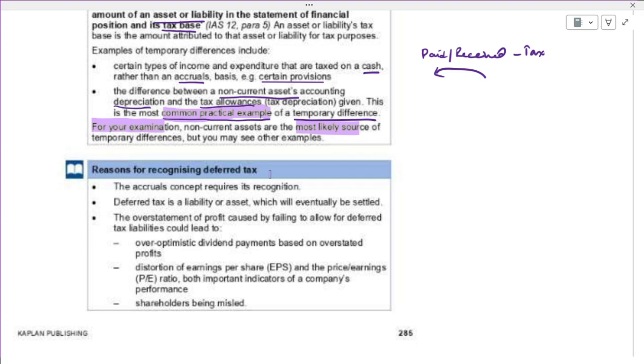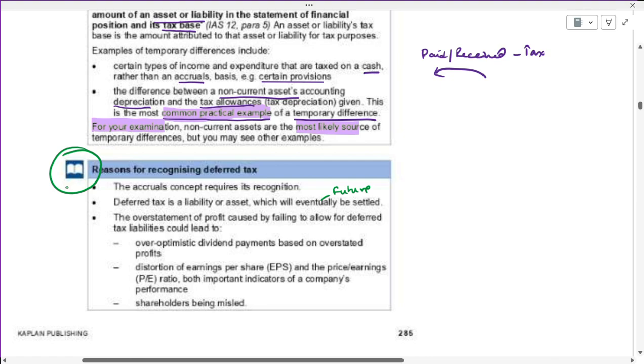Reasons for recognizing: the accrual concept requires its recognition. They are giving different points. Deferred tax is a liability or asset that will eventually be settled in future.